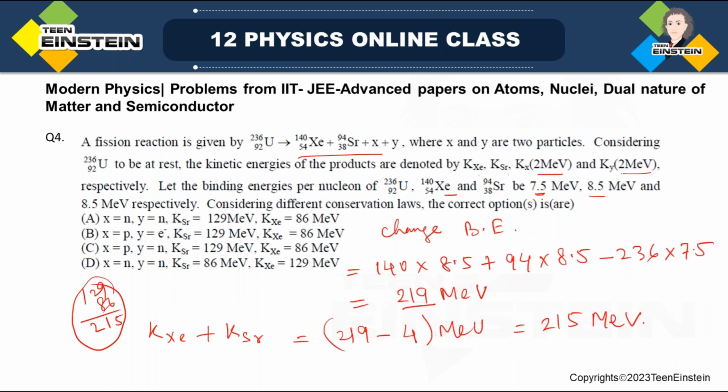All right, so this is how we can see with charge neutrality. We can consider either. So anyway, options C we had already dropped, and D now we are dropping because kinetic energy of strontium will be more. So C, D we have already dropped.